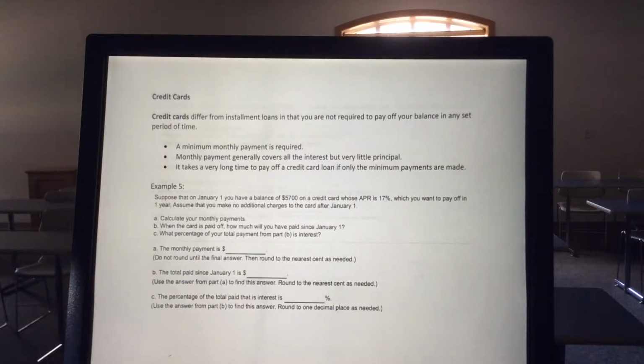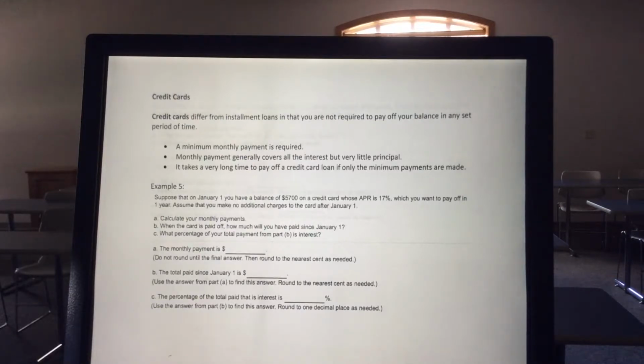And monthly payments generally cover all the interest but very little principal. And the sad part about it is it takes a very long time to pay off a credit card loan if only the minimum monthly payments are made.